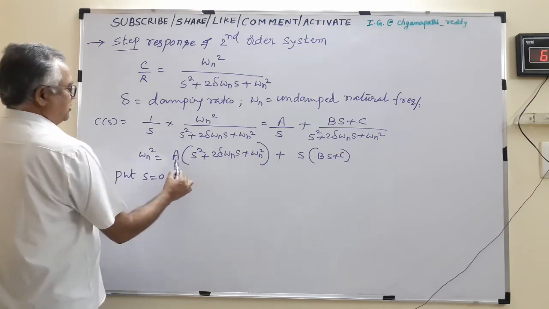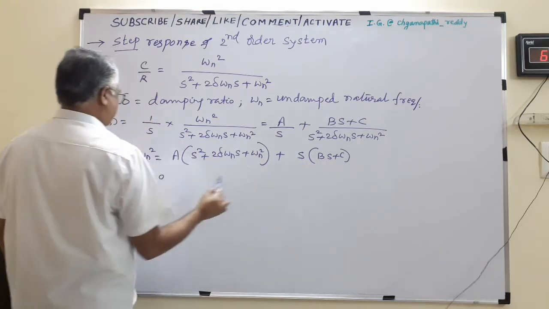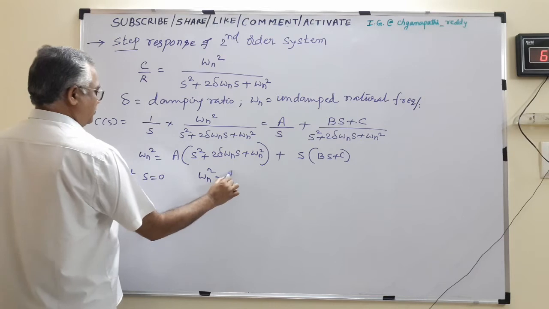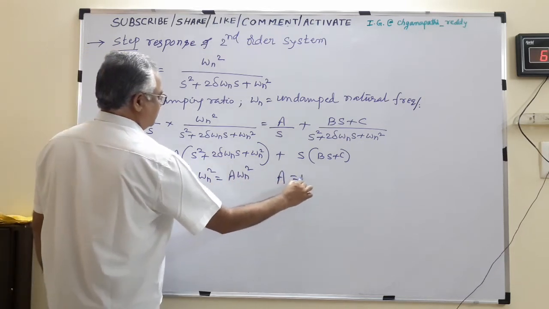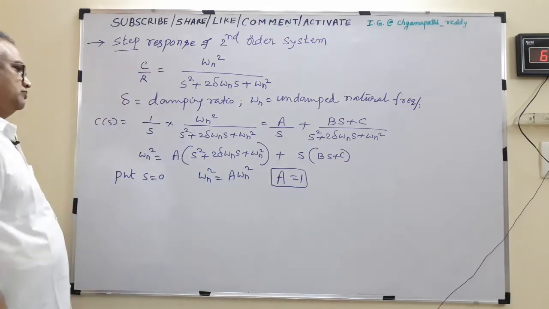The s terms cancel, leaving A omega n square. That means omega n square equal to A into omega n square. So what is the A value? A is 1.